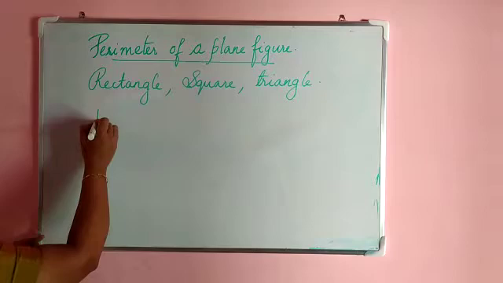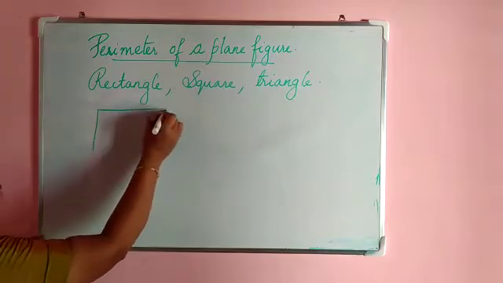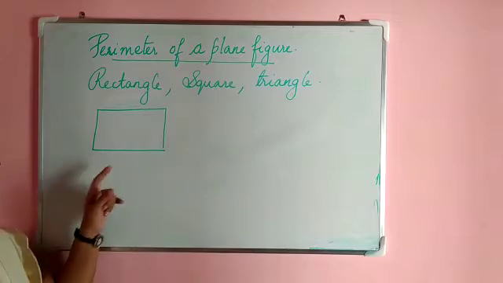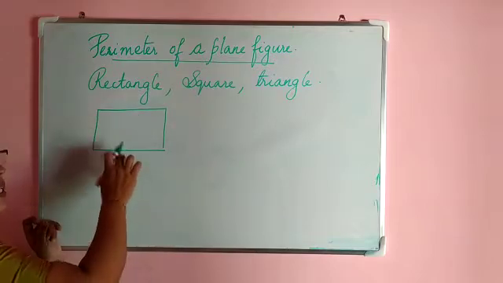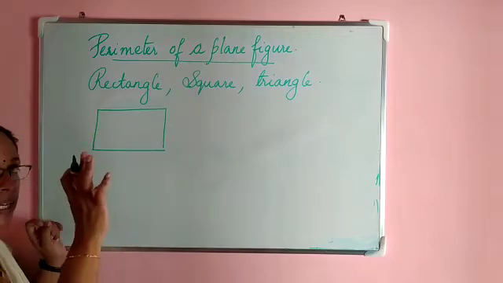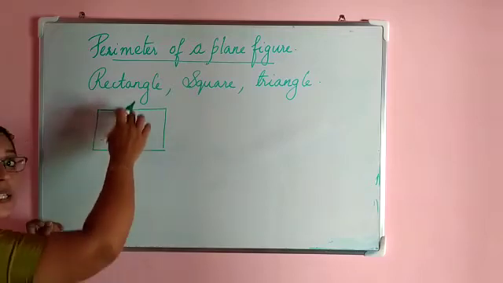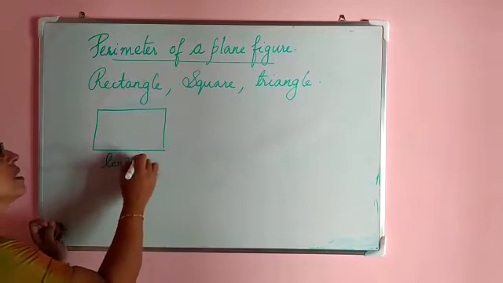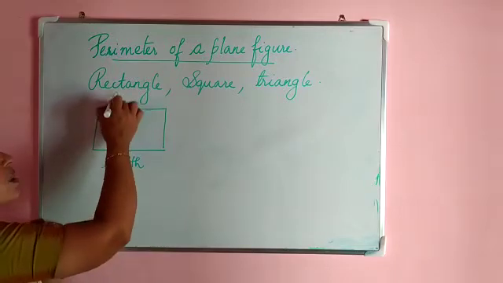Rectangle. You know rectangle. Rectangle is a plane figure. First we are discussing rectangle. Rectangle is a plane figure with opposite sides equal. Rectangle has how many sides? Four sides. And the opposite sides are equal. The longest side is known as length.